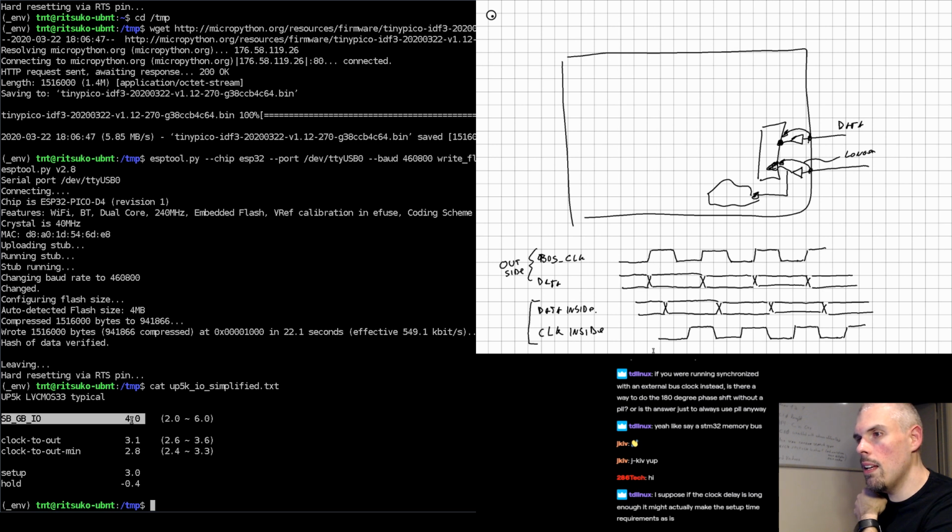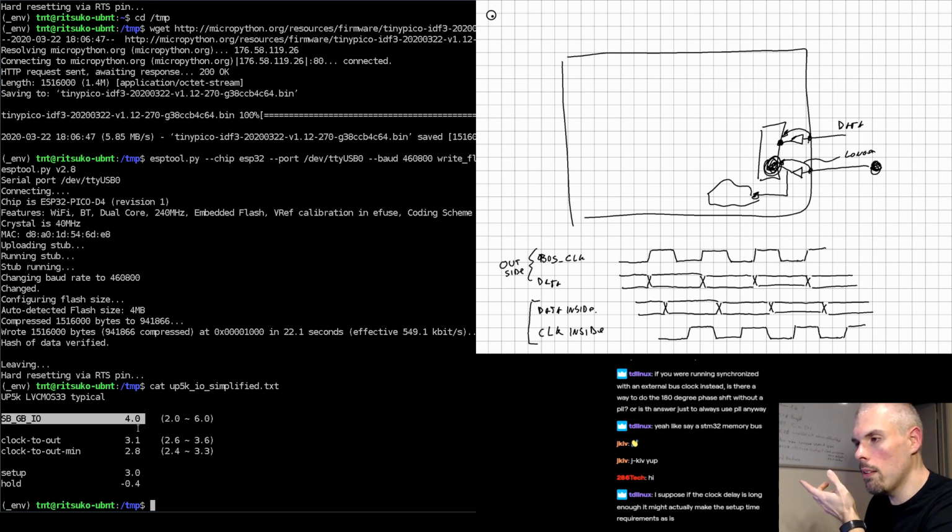That's the time it takes for the clock, from the clock pad outside, to go all the way through to that clock input of the IO register of the FPGA. It takes 4 nanoseconds. And so, because your setup time is only 3 nanoseconds, turns out that it just works.